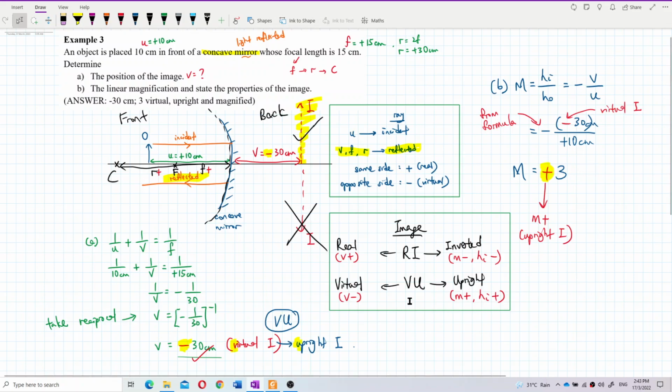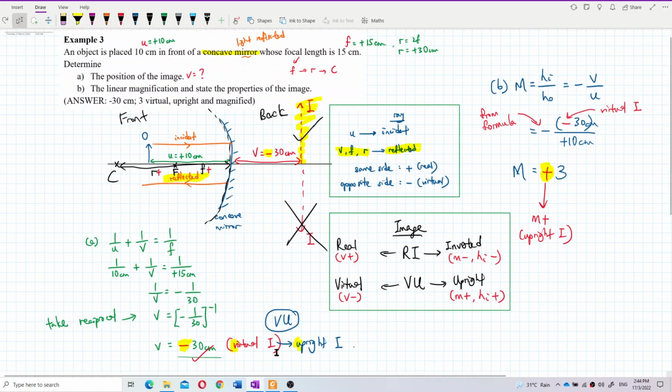That's why, just now I predicted you get a V negative. V negative is virtual image. Virtual image means VU, VU is upright image.